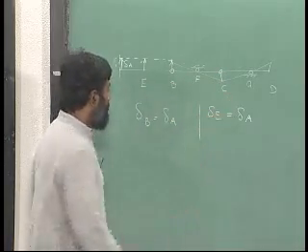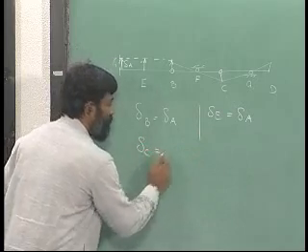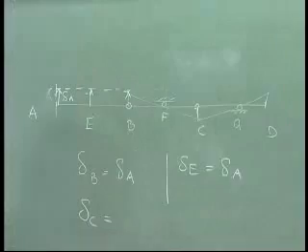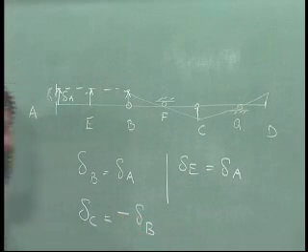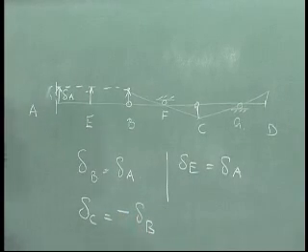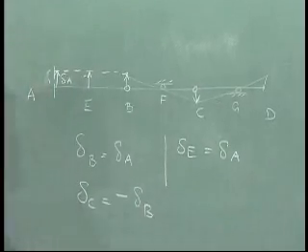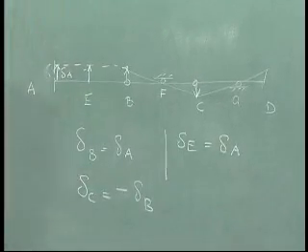Delta C will be not the same minus delta B. Okay, I am just going to be consistent with the directions. I will take upward to be positive, downward to be negative.